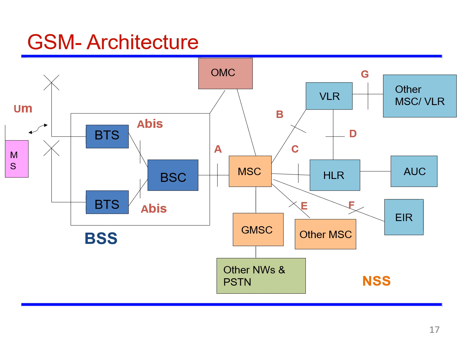Now these BSCs are connected to an element called the MSC, Mobile Services Switching Center, and this MSC has connections with the signaling databases like VLR, HLR, AUC, and EIR.